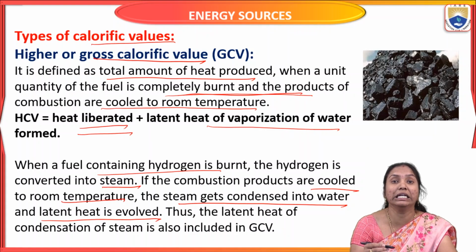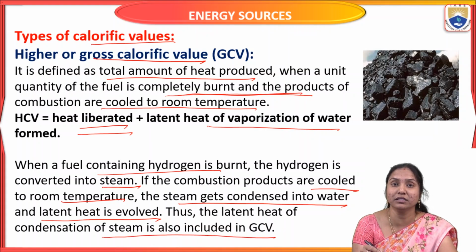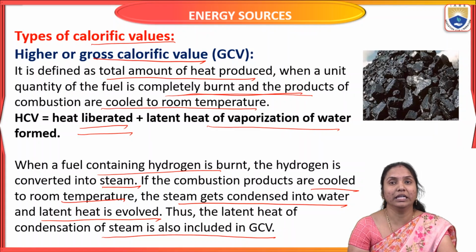That heat is called latent heat. Thus the latent heat of condensation of steam is also included in the gross calorific value. So HCV equals heat liberated plus latent heat of vaporization of water formed.